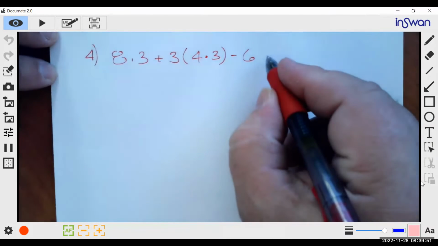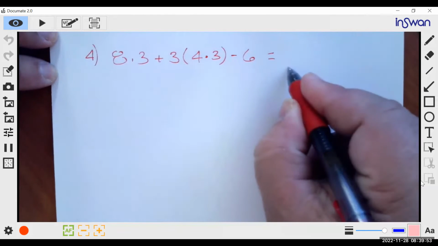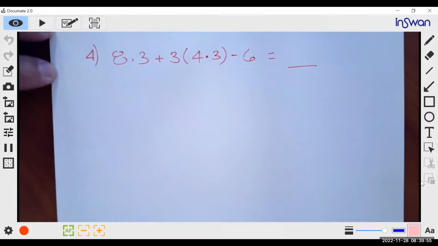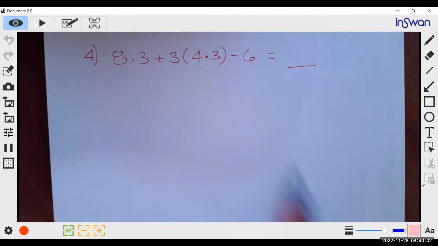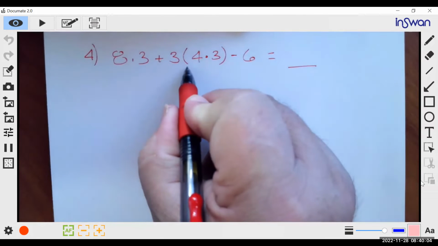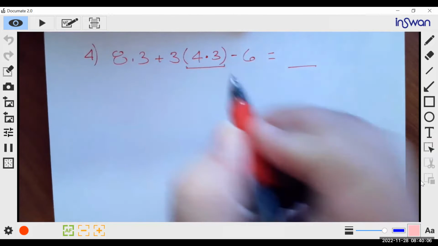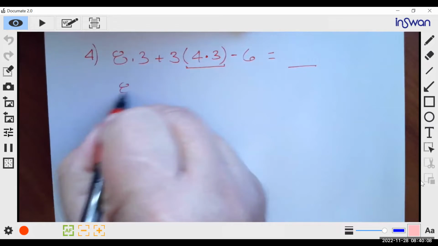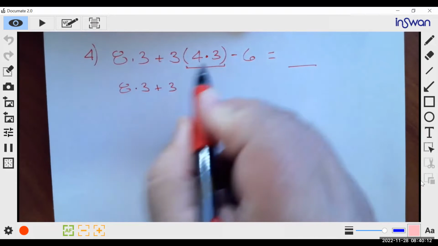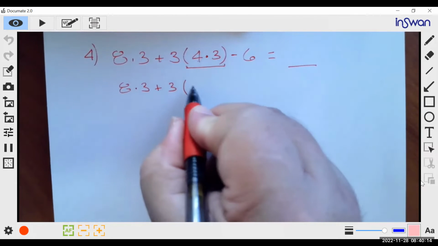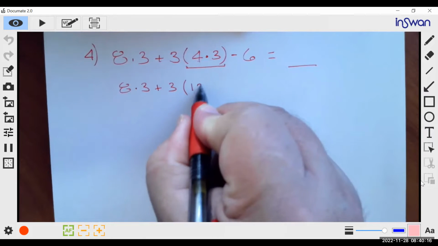So solve this. Equals what? So what's the first thing we have to do? Parentheses, order special operations. Reading left to right, here's special operations right here. So parentheses. Four times 3 is 12.